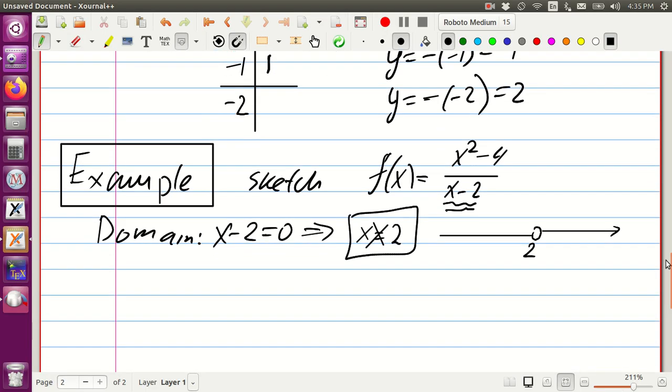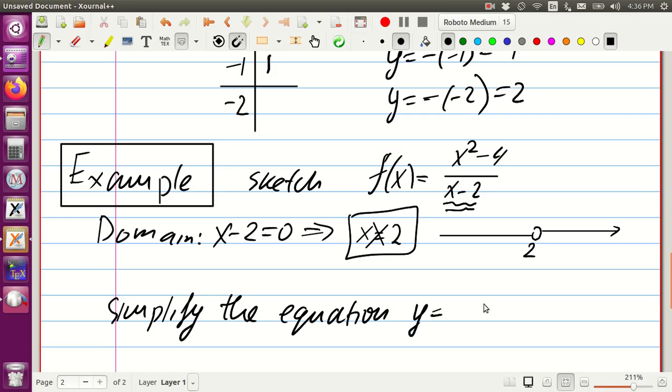All right, so what happens when x is not equal to 2? We can look carefully at the equation and try to simplify it. y equals x squared minus 4 over x minus 2 when x is not equal to 2.